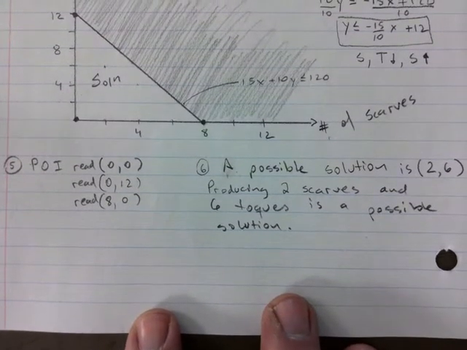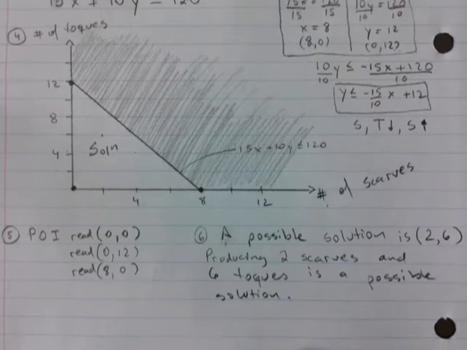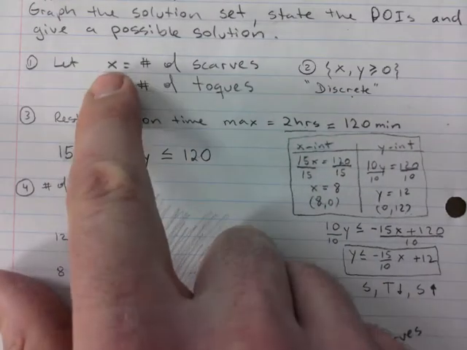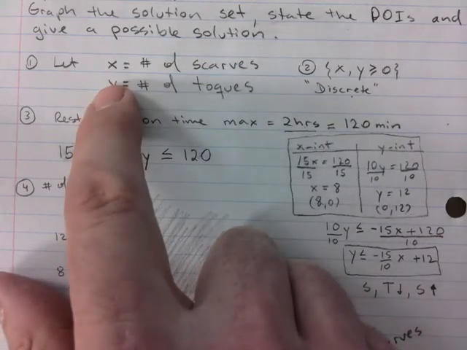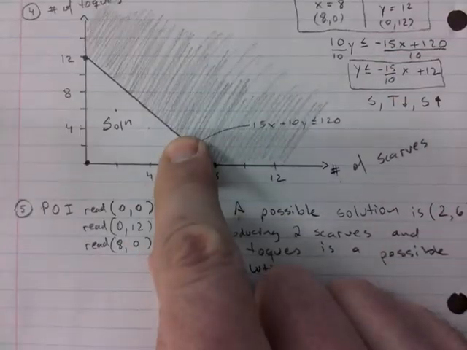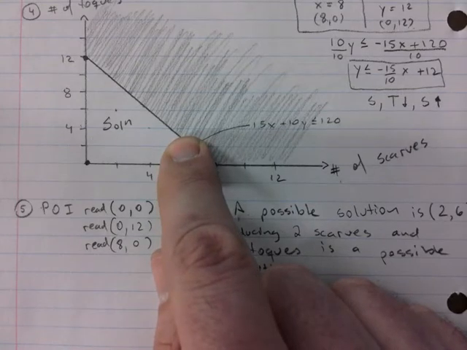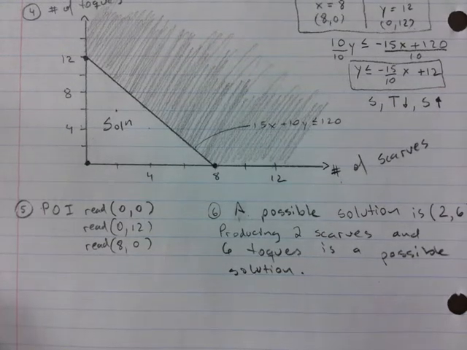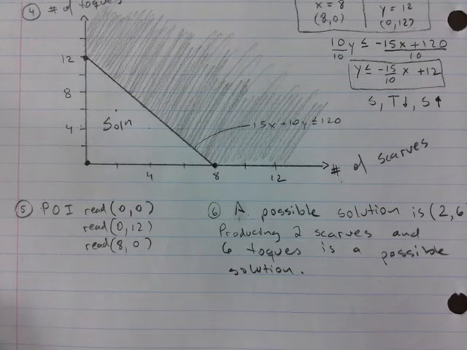If you mistakenly, or not mistakenly, you just read it differently, let's say you let X be the number of toques and Y the scarves, your graph will just be different, right? It'll be flipped, and that's fine. You don't have to do it exactly the way I do it, so you don't have to worry about that. Okay.